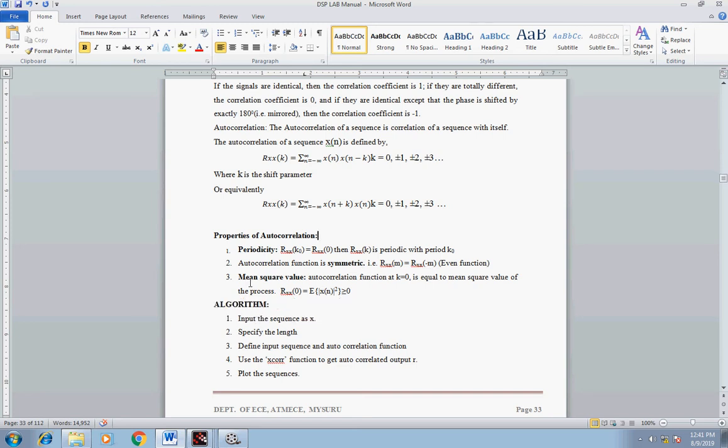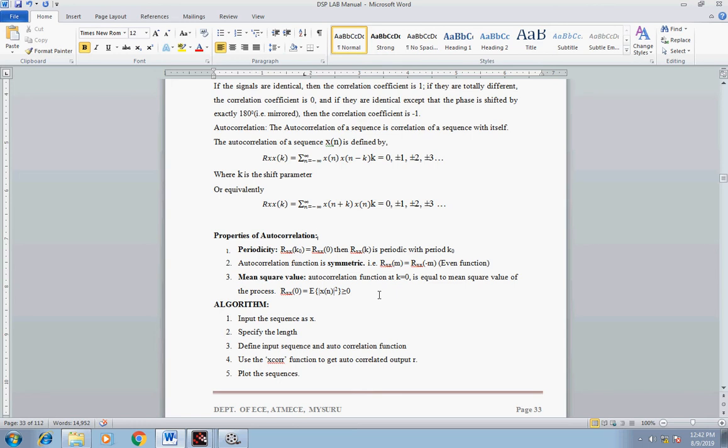Next is the mean square value. The autocorrelation function at k equal to 0 is equal to the mean square value of the process. It means at zero lag, k equal to 0.